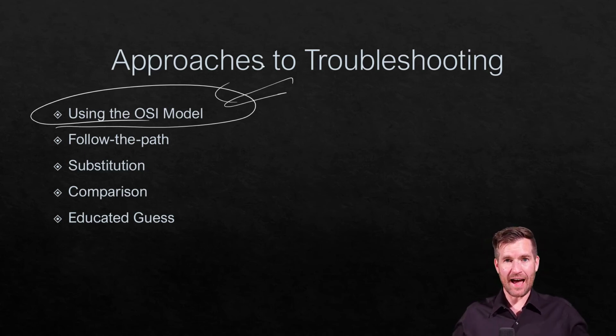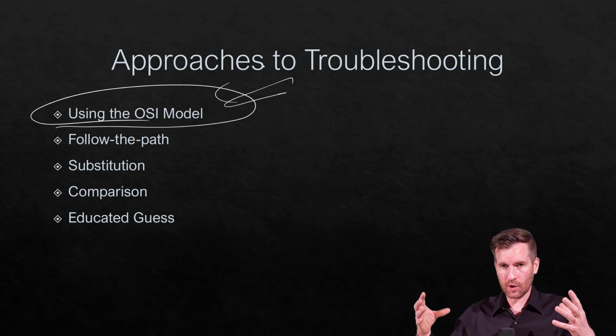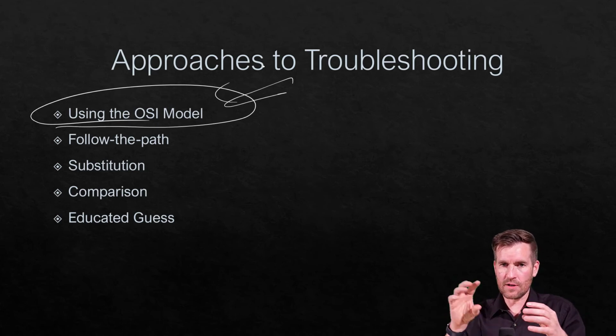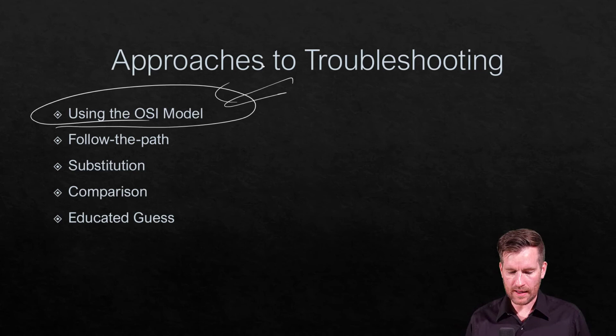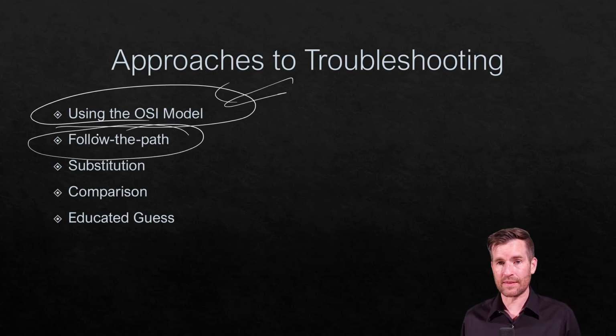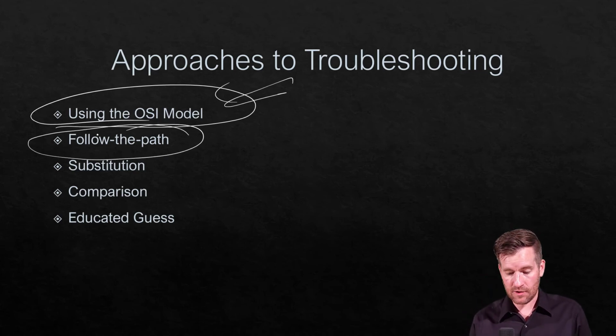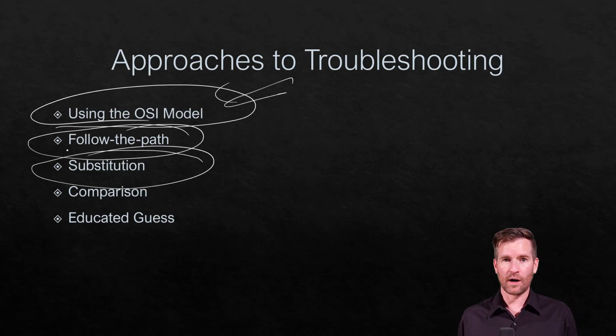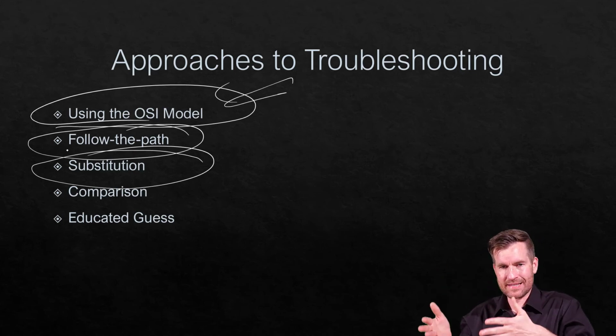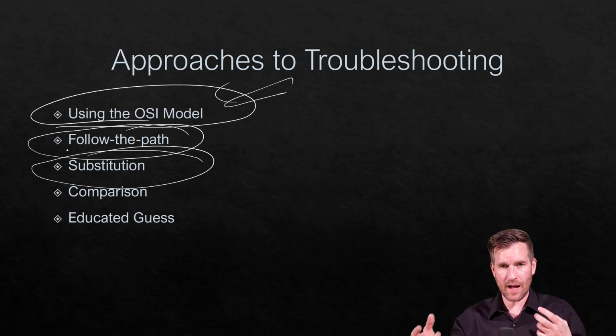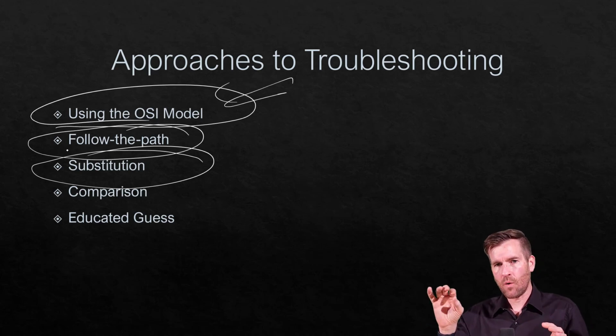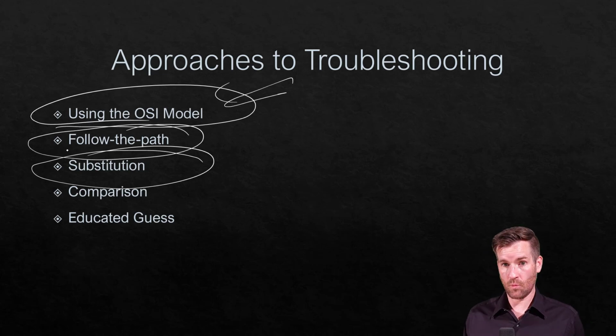If we have a really good understanding of that network, or even if we don't, we can have some tools to test the links along the way and know if there is a break somewhere within the path. I find that I do a lot of substitution: when I have a known piece of good equipment and something that I know is not working correctly, I'll start swapping things out to see what is broken on it.